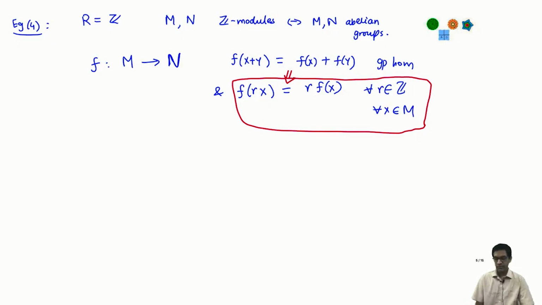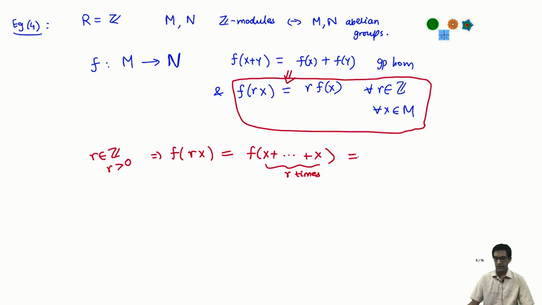And why is that? Because if r is an integer, let's suppose for the moment that r is a positive integer, then recall that scalar multiplication was just repeated addition. You just had to add x with itself r times. This is how we defined it. And if the first property is true, it means f of x plus x plus x is the same as f of x plus f of x plus f of x, those many times.